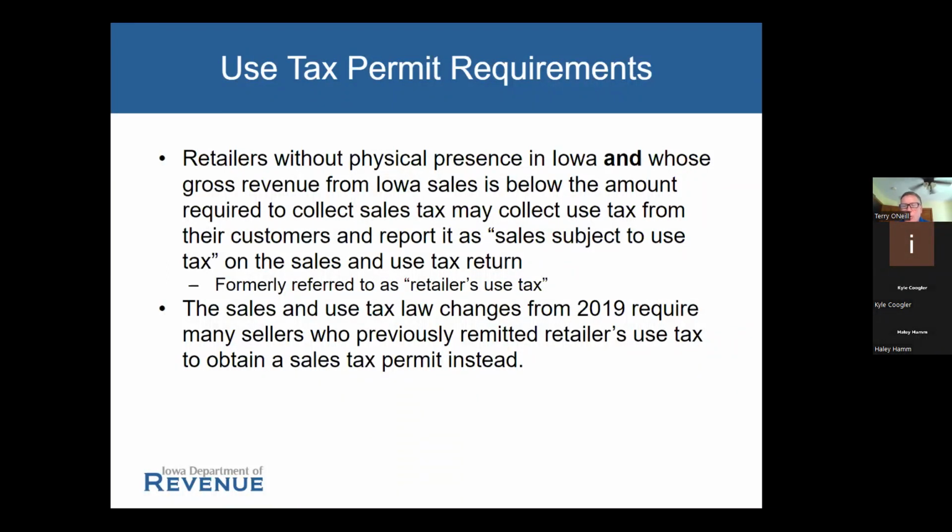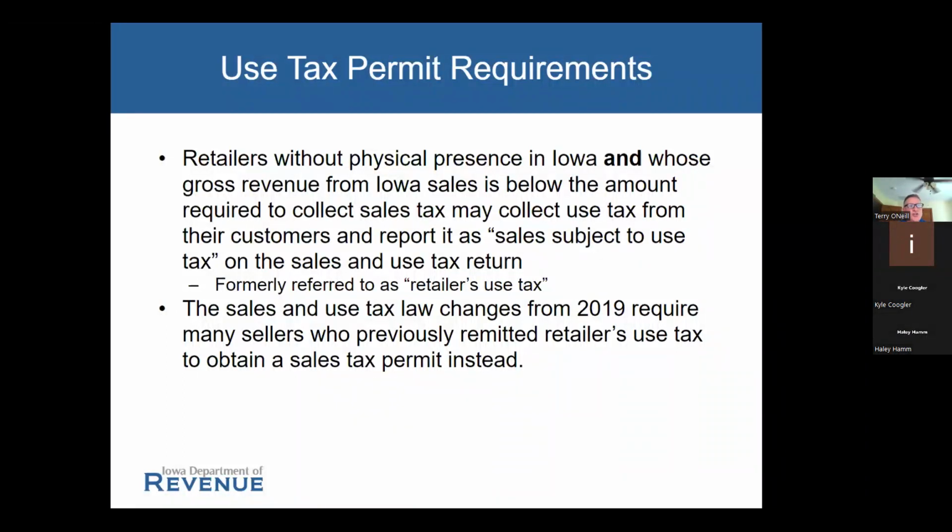So they were not required to have an Iowa sales tax permit. However, the owner of that business was born in Iowa. He was a gentleman that grew up in Iowa, and he wanted to make sure Iowa was getting their tax. So by all means, he can do so. In that case, he would register for a use tax permit, which is again all done on one permit these days, the sales and use tax permit.